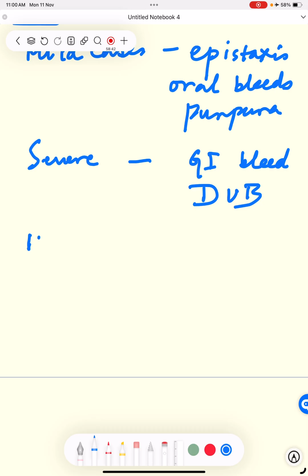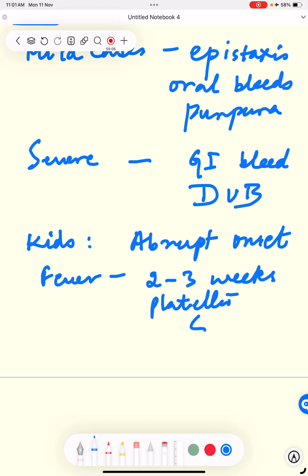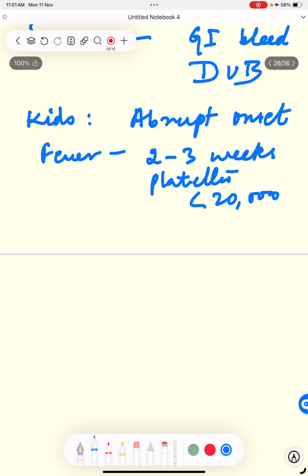Now, when we see pediatric cases, they will abruptly present with symptoms. Sometimes, if they have fever, let's say viral fever, about 2 to 3 weeks later, suddenly their platelets will go down to less than 20,000, and then they may land up with such bleedings.